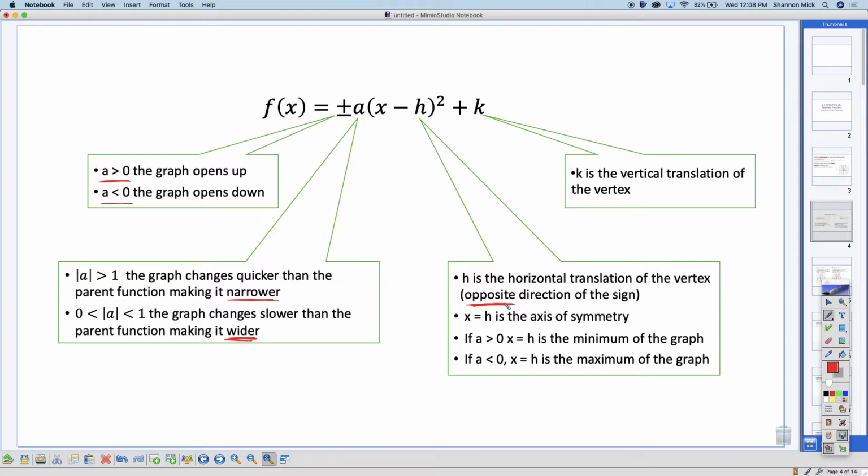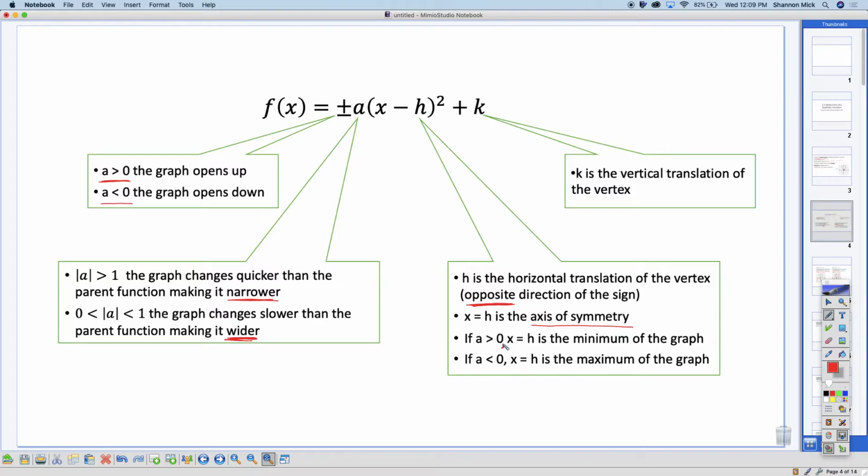Now there's some other things that H tells me. X equals H is the axis of symmetry. If A is greater than 0, meaning it opens up, then x equals h is a minimum.